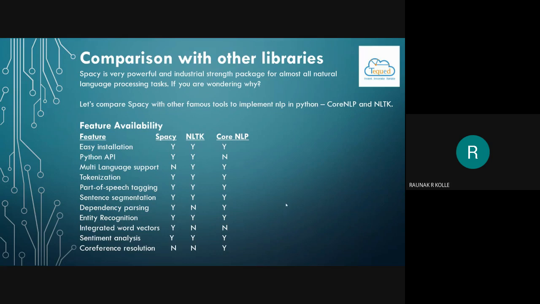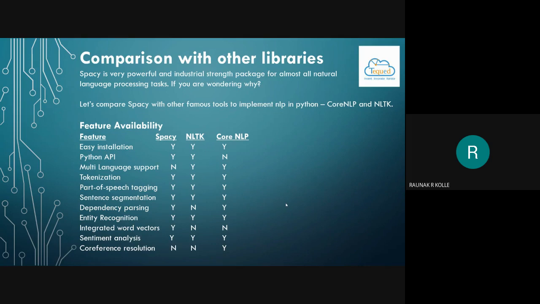When we compare the feature availability, all the features we compare are present in the three libraries. The ease of installation is present in all three packages. The Python API is present in spaCy and NLTK, but not present in Core NLP. Hence, we have not discussed the Core NLP package in our course.